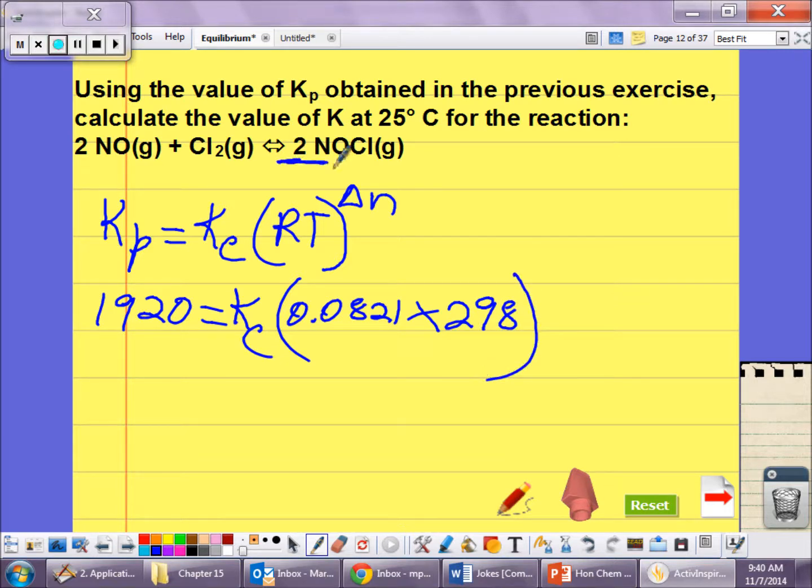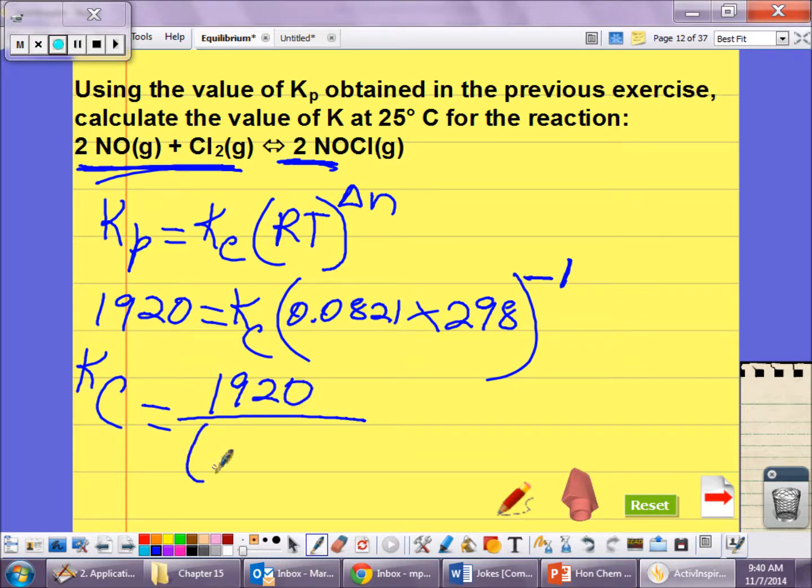It is 2 moles of gases minus 3 moles of gases, which gives me -1. Therefore, Kc equal 1920 over, parenthesis, 0.0821 times 298, close parenthesis, to the -1.